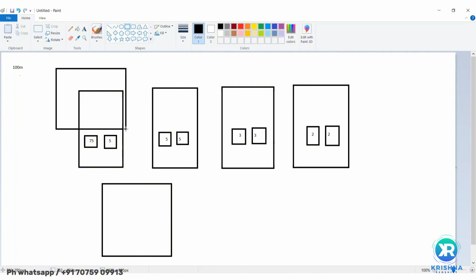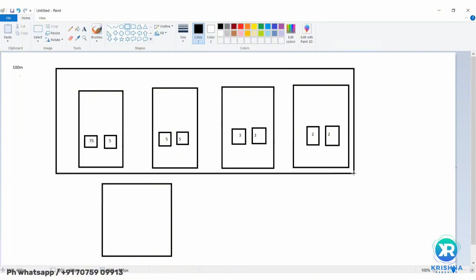So this is also MPP architecture. The same 100 records are distributed, meaning the optimizer distributed them like this: 75, 5, 5, 5, 3, 3, 2, 2. Now the same thing: I have a source of 100 records.